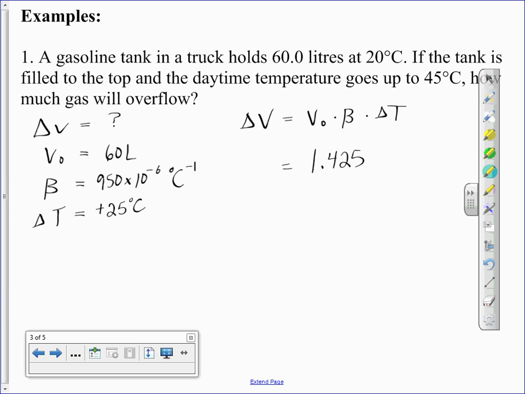And as I said before, the degrees will cancel out, leaving you with liters. I like to put the plus sign there. It's not required, but it shows that it's going to be an increase in volume, not a decrease. It's going to expand, not contract. Very similar to what we did with linear expansion. Let's try one more.